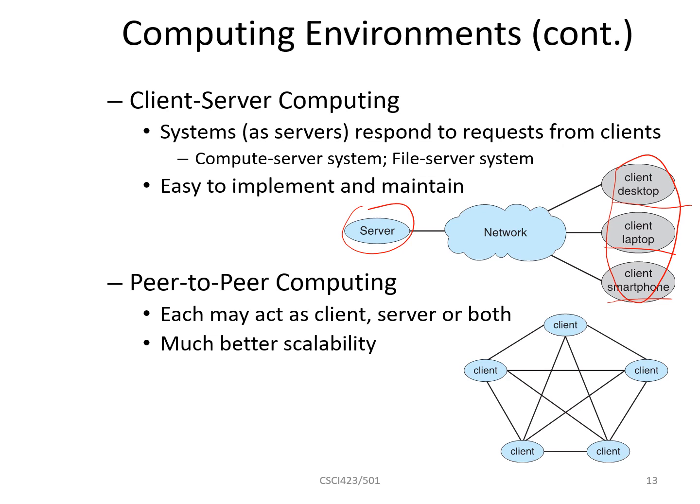However, in the client-server computing environment, where we only have one centralized server, if too many clients come to request the service, the server may be overloaded. Comparing these two situations, you may already see one advantage of the peer-to-peer computing environment: it has much better scalability.